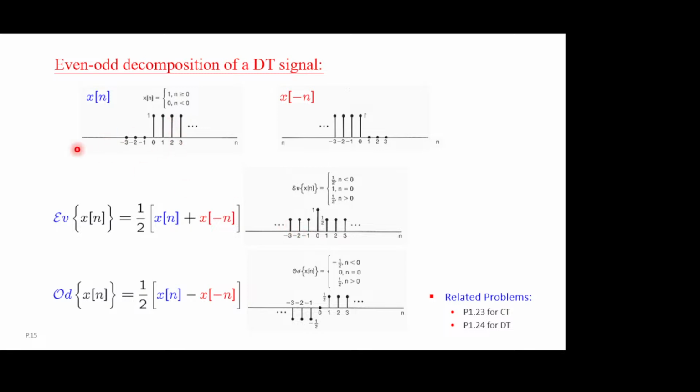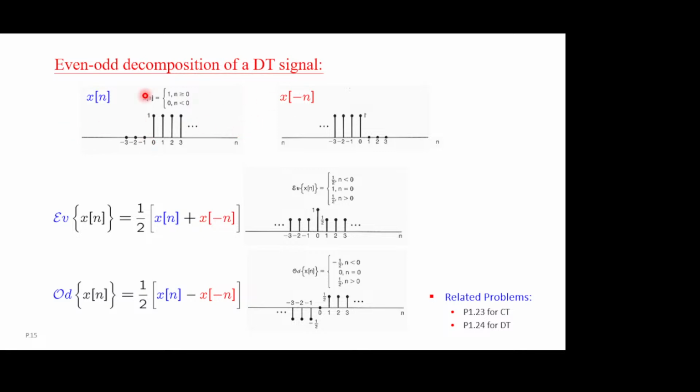So we have whatever signal here. So x of n actually is a very special signal. For now, let's just look at this. This signal is not symmetric. So it's 1 starting from 0, and 1, 1, 1. So it's 1 when n is greater or equal to 0, and 0 for all the negative n.